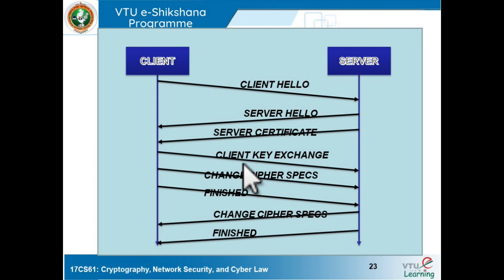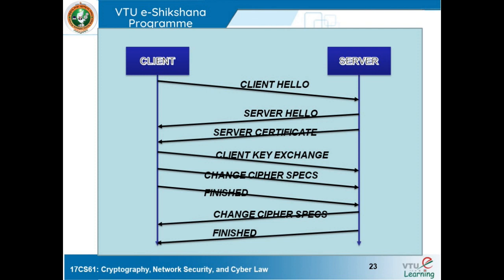In the first message, the client instructs the server that henceforth the communication between the client and the server will be using the protocols and cipher suites which were negotiated during step 1 with the client hello and the server hello message.